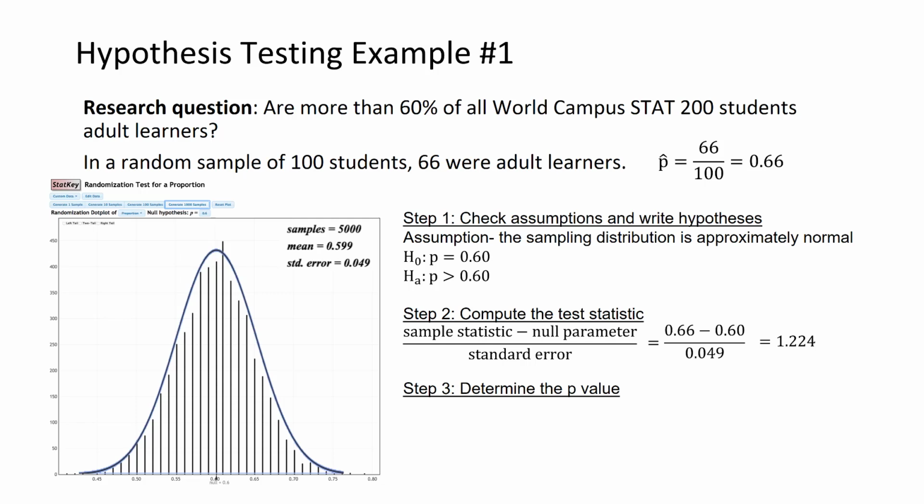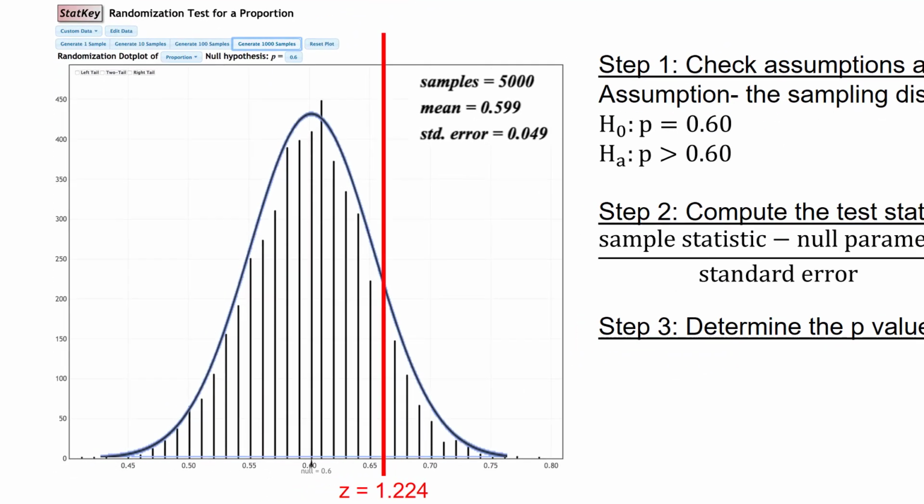Step 3, determine the p-value. The p-value is the area under the z-distribution that is more extreme than the test statistic in the direction of the alternative hypothesis. The test statistic was 1.224. When the z-distribution is superimposed on top of the randomization distribution, z equals 1.224 falls on top of p hat equals 0.66.